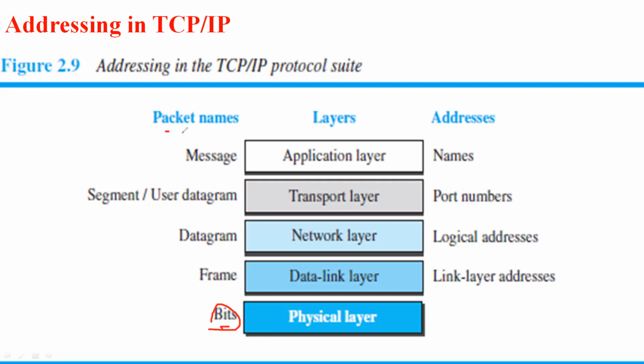There is a relationship between the packet names, layers, and addresses. Here we have 4 different addresses: link layer address, logical address, port address, and the name.